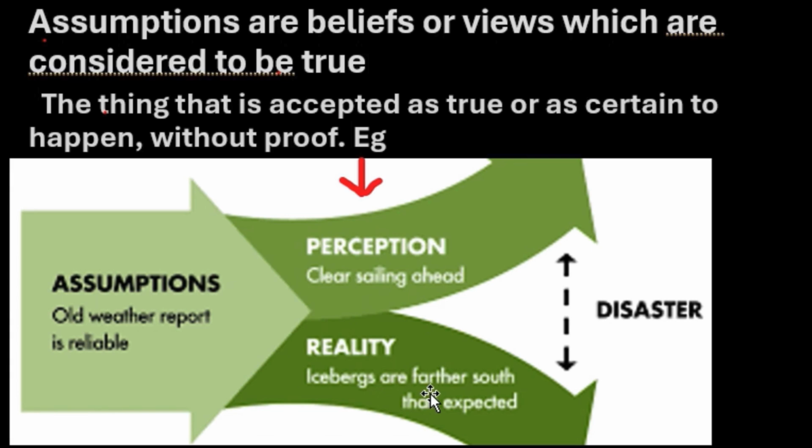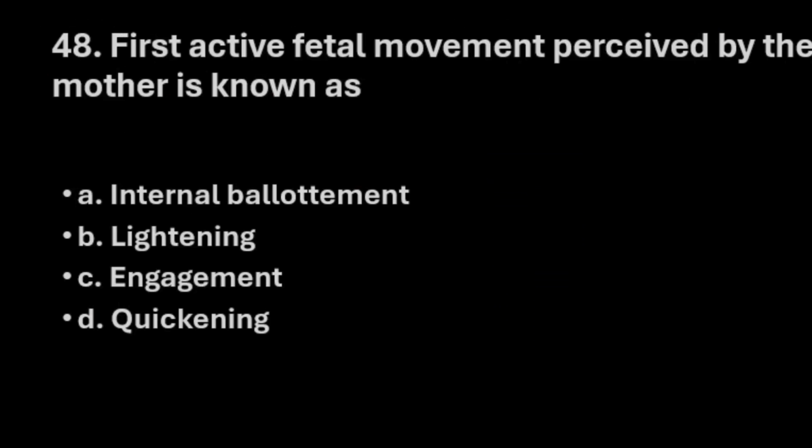But the reality is icebergs are further ahead on the way and disaster can happen. So always don't believe in assumptions. You have to depend on scientific data or evidence. Otherwise, sometimes assumptions can be wrong and it will lead to disaster or dangerous things.